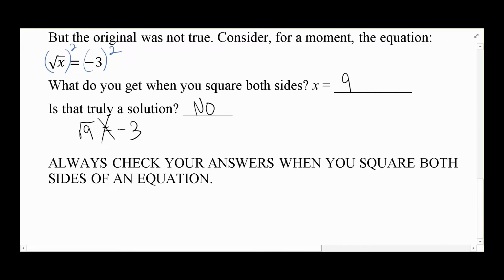You could do the problem 100% correct and get what we call an extraneous solution. The first 5 letters of extraneous are extra. It's an extra solution, one that doesn't actually work. So an extraneous solution is one that doesn't work and we need to throw it away and see what answers we have left.